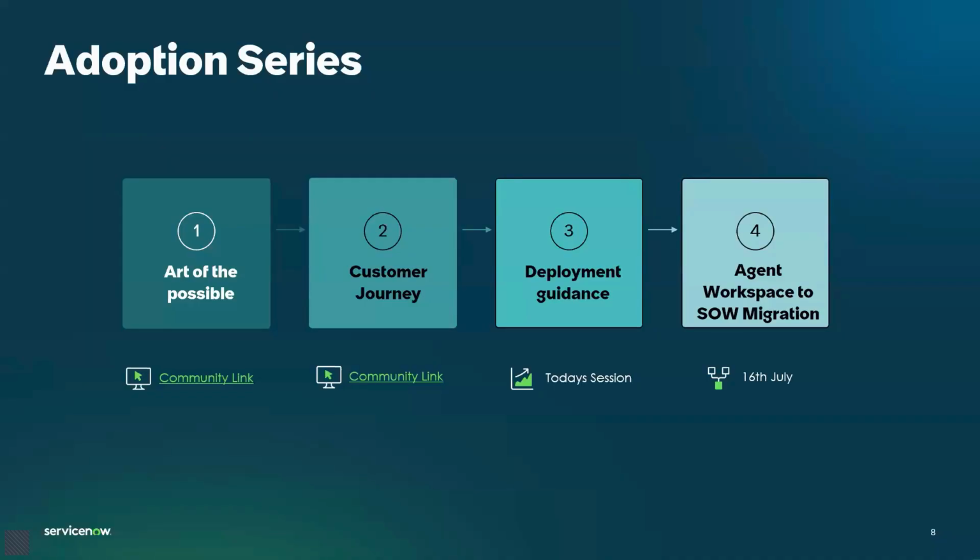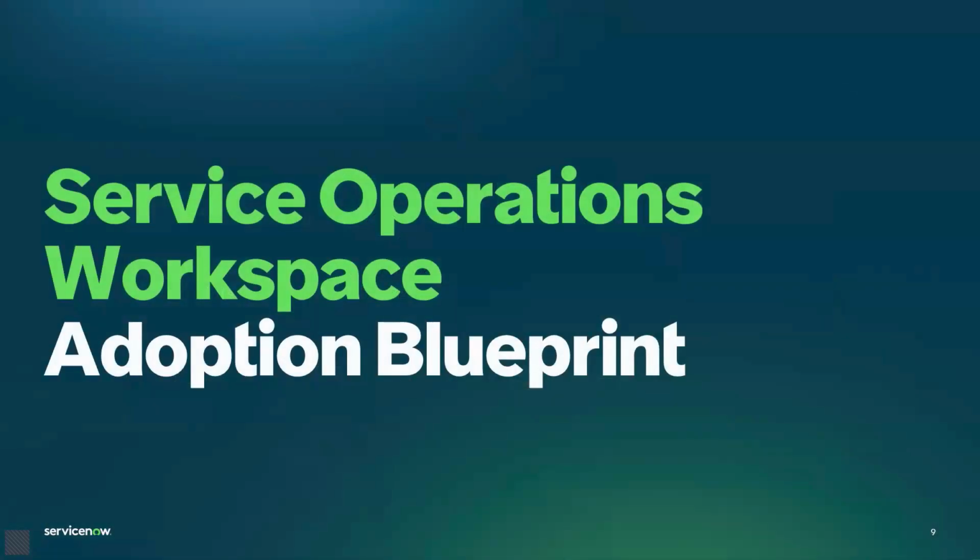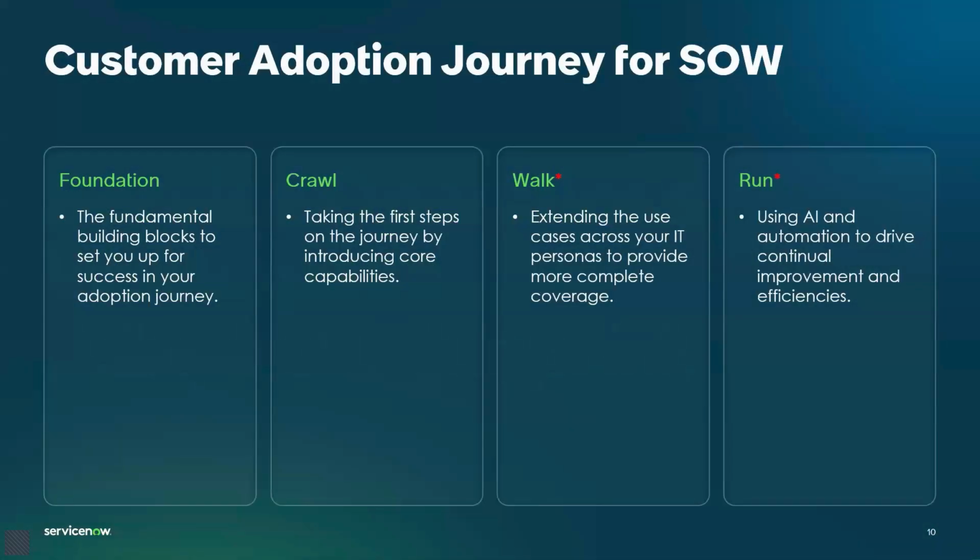And now over to the Service Operation Workspace adoption blueprint. You might already be familiar with this. We have 4 different phases: the foundation, crawl, walk, and run phases.